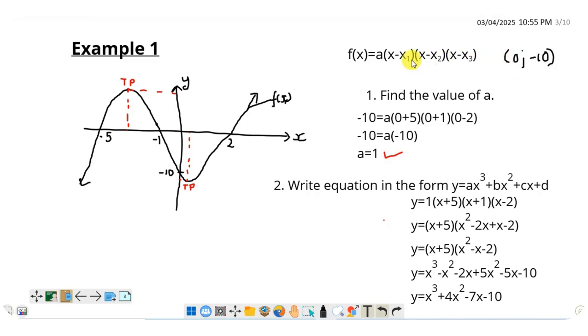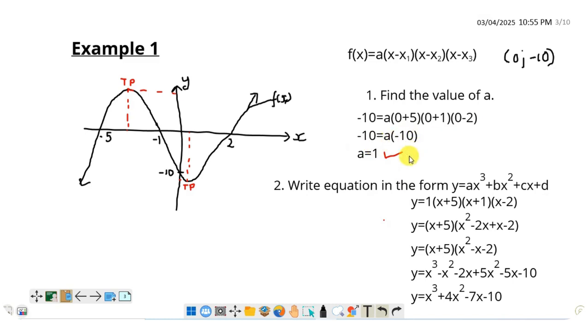X1 is -5, so 0 minus -5 becomes +5. Then 0 minus -1 becomes +1. Then 0 minus 2 is -2. So +5 multiplied by 1 multiplied by -2 gives -10, so -10 equals a times -10.